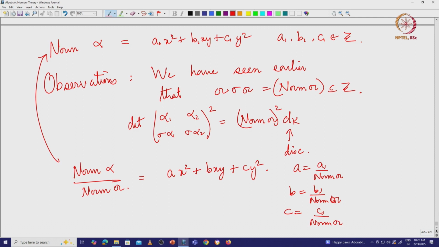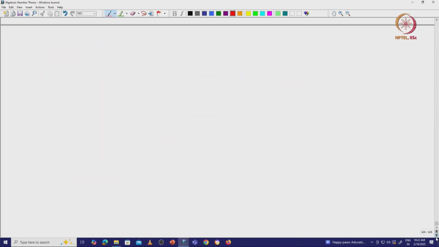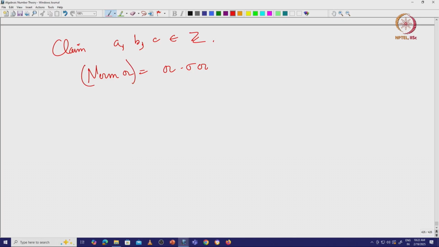But why are all these things inside Z? My claim is that a, b and c are still in Z. The reason for this is quite simple. The norm of A, as we recalled earlier, as an ideal is this.